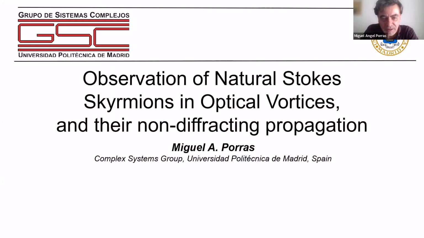I'm going to talk about a new type of Stokes Skyrmions that are naturally present in optical vortices, and also on their non-diffraction, propagation-invariant behavior. They are also confined in a tube of very small, sub-wavelength radius.